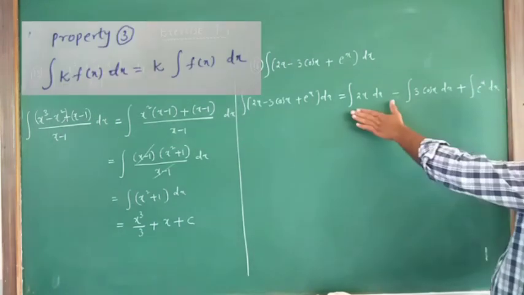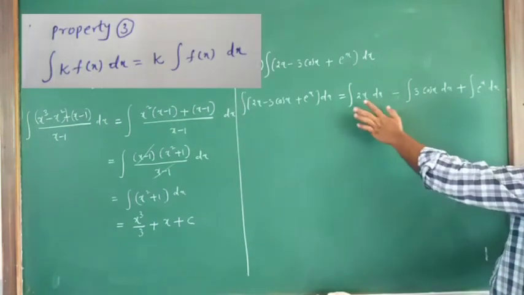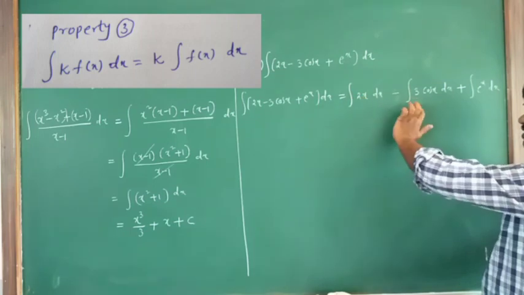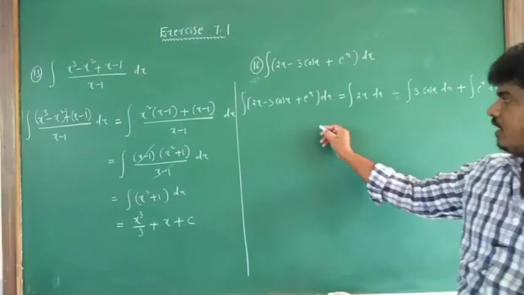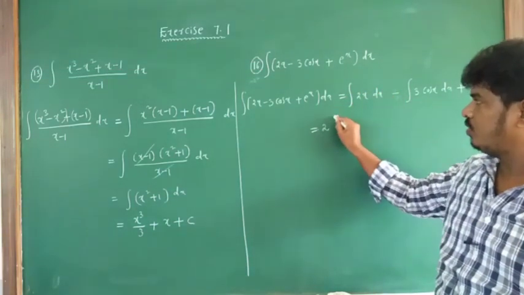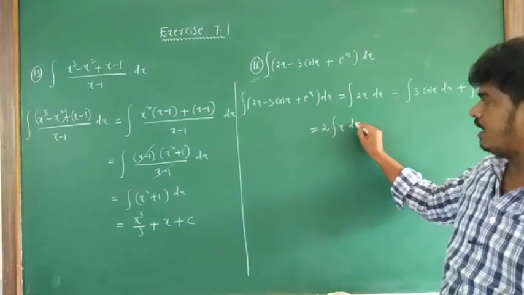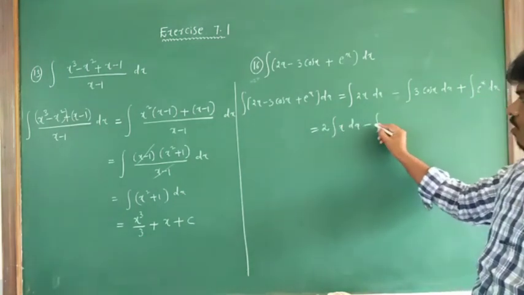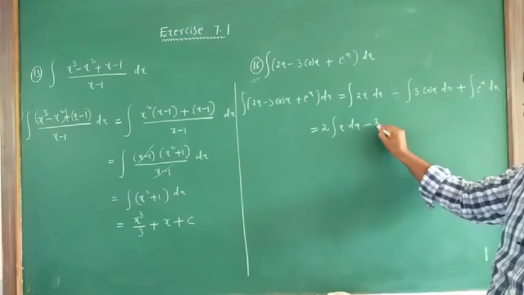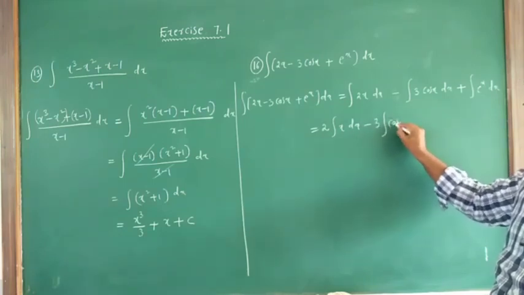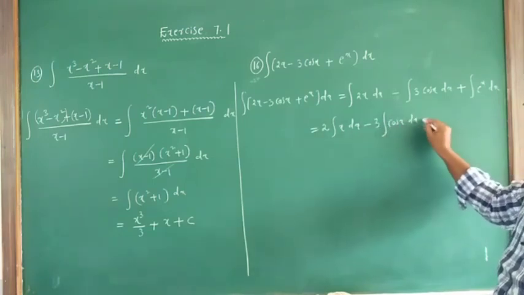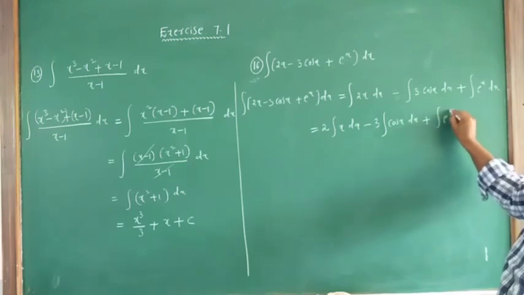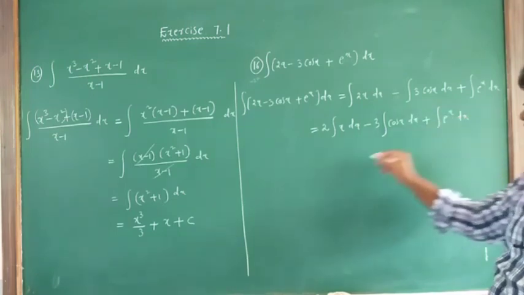In the first and second, we have the constants 2 and 3, so take them outside the integral. So, 2 into integral of x dx minus 3 into integral of cos x dx plus integral of e to the power of x dx.